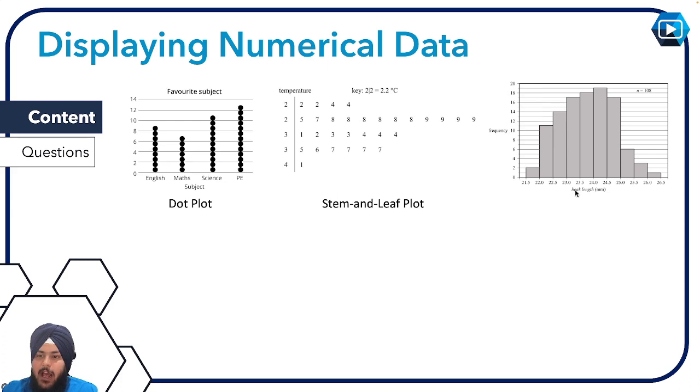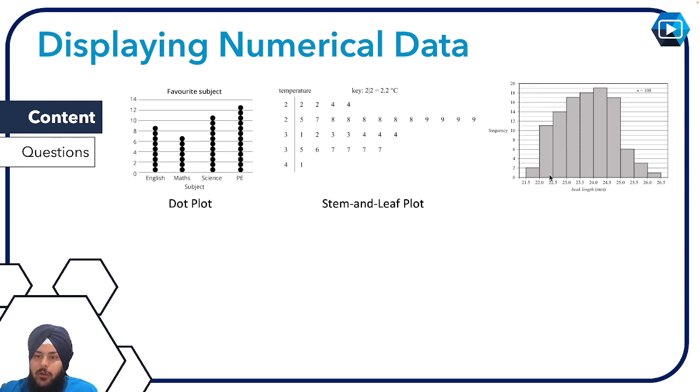So in this case, our x variable, the variable that we're recording, is beak length. The way that the histogram works is it's sort of similar to a bar chart, but the only difference here is that we usually have ranges. So the values in this bar over here represent all the values that were recorded that were between 21.5 and 22.